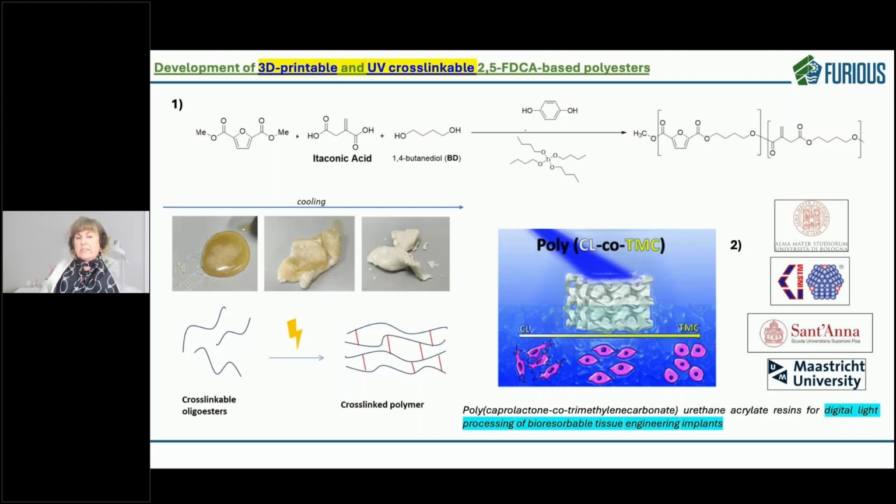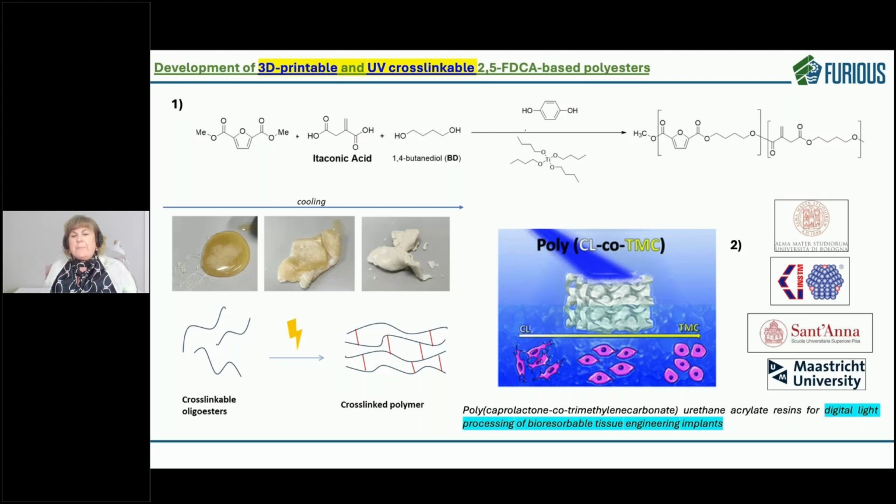For these last properties, we decided to introduce along the macromolecular chains of our PBF itaconic acid, which is a bio-based monomer containing a double bond that permits the cross-linking. An alternative strategy regards the introduction of acrylic groups as terminal chains, which can also permit the UV cross-linking. So we are working on both strategies.